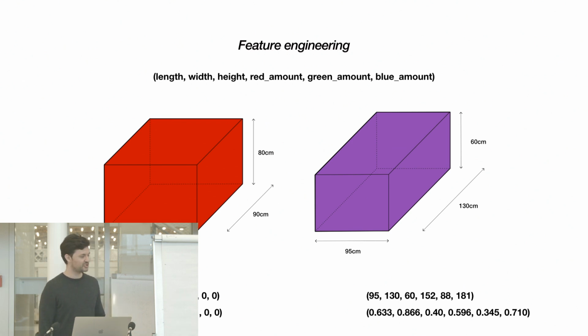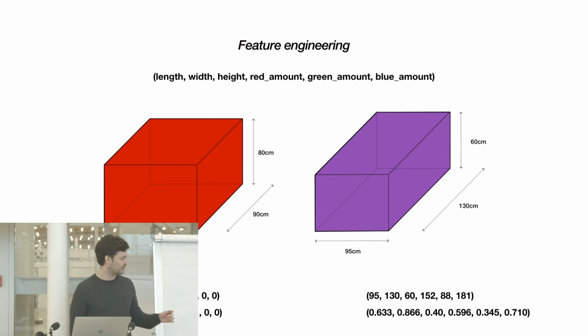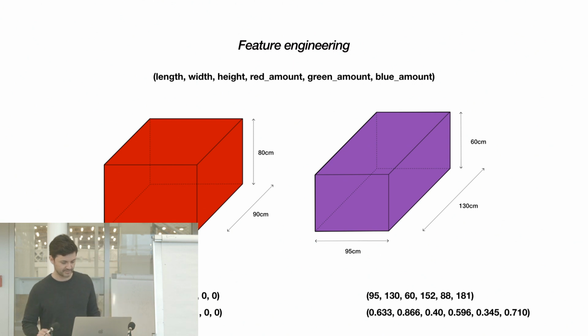So we can just combine these values and put them in a list. We can take the actual values, or it's better to normalize all the values and then have them all in the range from 0 to 1. And then on the bottom you can see two lists of 6 numbers representing now our red box and this magenta, I don't know what it is.